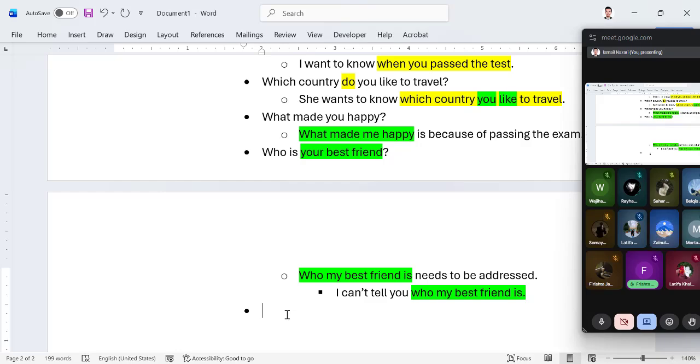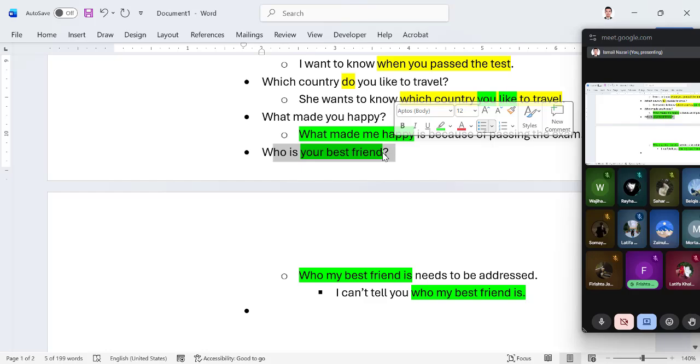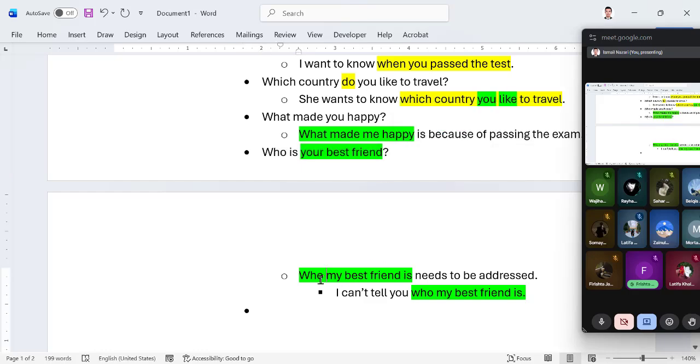Okay, if you want to have a direct question, the best one is to say who is your best friend. But if you go on with a more complex sentence, the second is the better choice. It shows a more complex sentence. If I say who is your best friend, it is a simple sentence. But when I say who my best friend is, it is a complex sentence.